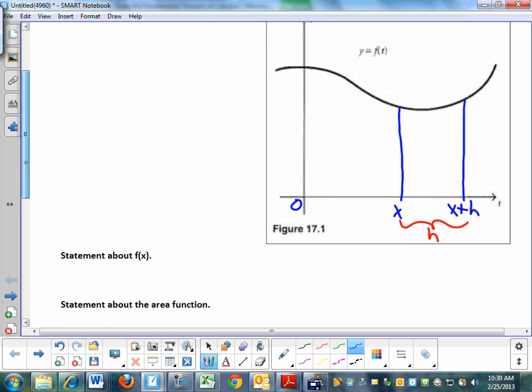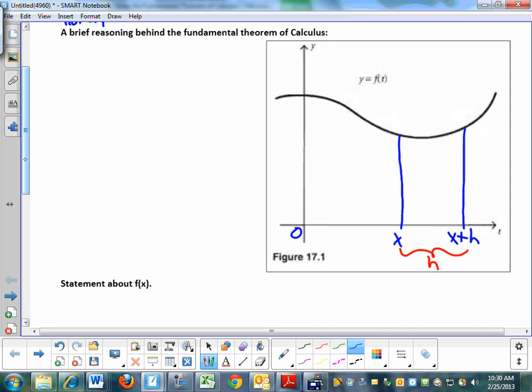So I'm going to make a couple statements, and you're not going to like this notation right away, but trust me, you're going to like this better than the notation I could use. So I'm just going to say this: the area bounded from x plus h to x.